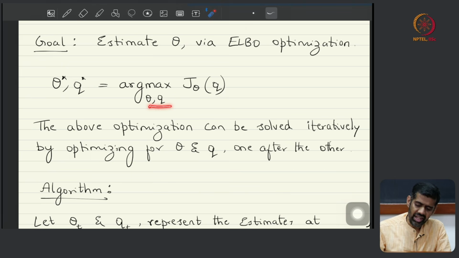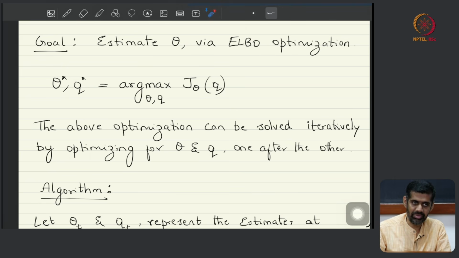Here one may ask: how do we know how to optimize over q? Because it's an optimization problem over functions, right? Just hold on to that. It turns out that if you take a mixture density, this becomes a tractable problem, so analytically you can find the optimal q star. This becomes important because the question we will be asking later is, what if we cannot find that optimal q analytically?